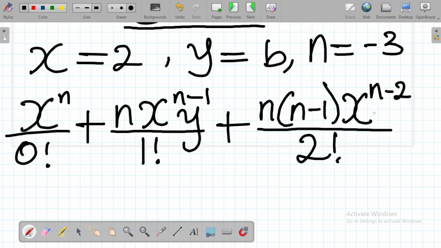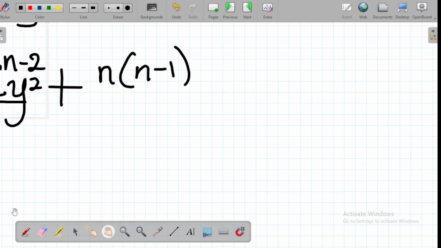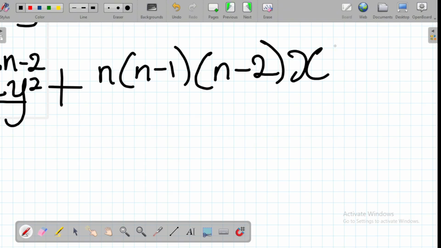So the power of y increases by 1. So the power of y here becomes 2. And then plus, if you multiply x by its power here, it would give you n multiplied by n minus 1 multiplied by n minus 2 multiplied by x raised to the power.